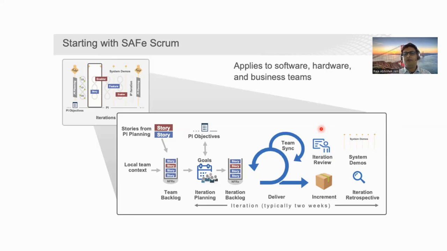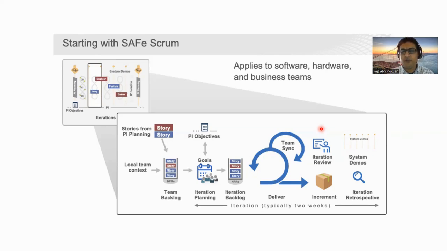When you say iteration or when you say sprint, both are the same things. In the Scrum terminology as defined by the Scrum Guide, we use the term sprint. In a SAFe environment, the same thing is called iteration. So if somebody asks you about what is iteration review or sprint review, they both are the same thing.